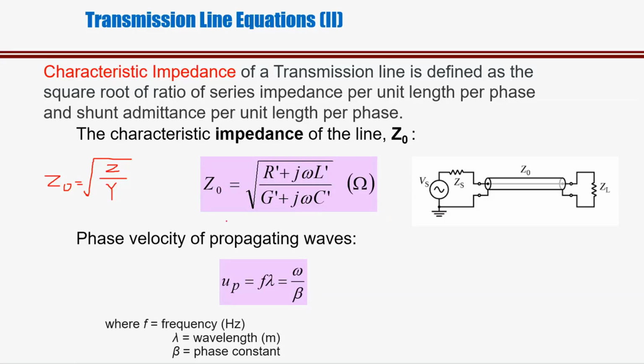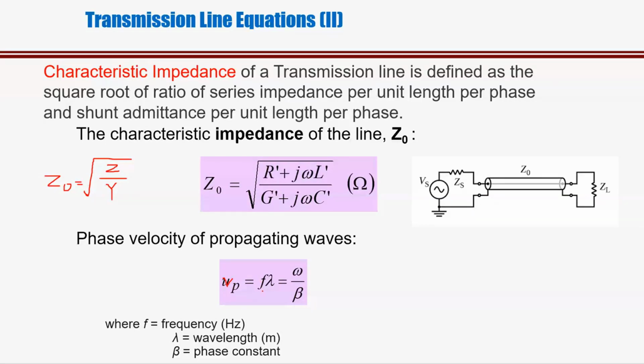Right, again, because of all these things, the phase velocity of the waves which are propagating through this transmission line is given by small Vp. Let us consider this letter as Vp. So Vp is equal to F lambda. We already know this equation for electromagnetic waves. Phase velocity Vp, or the velocity with which the wave is traveling, depends upon the phase at every instant of time.